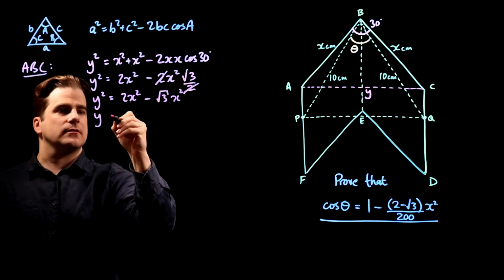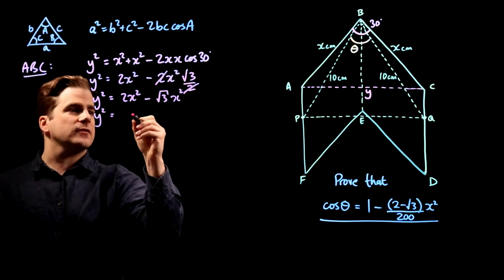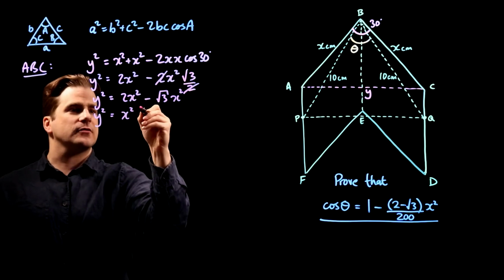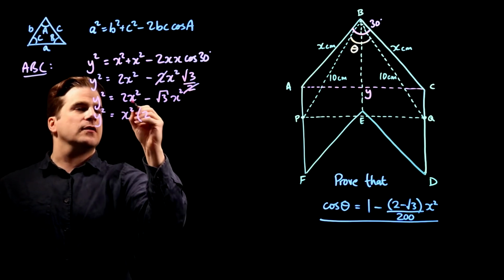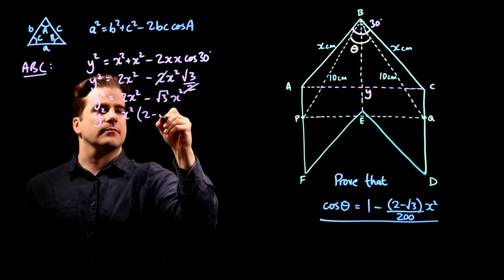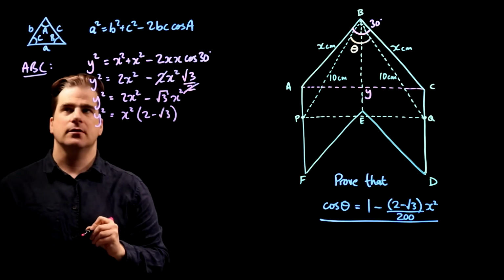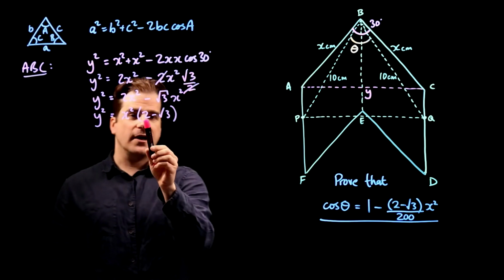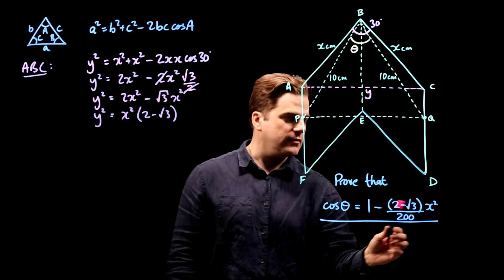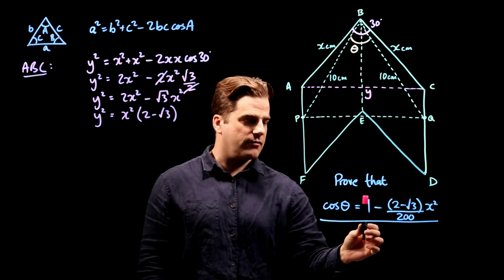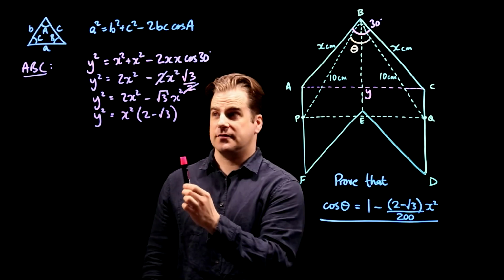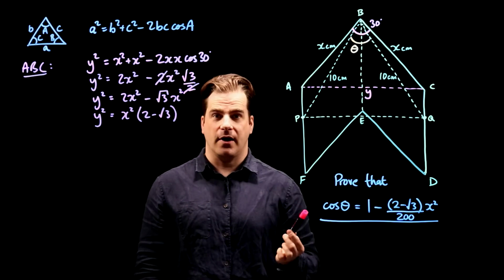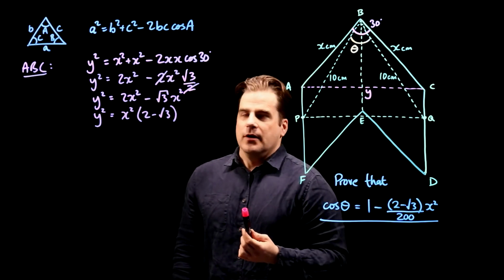So y squared is equal to, let's bring a factor of x squared out, x squared into 2 minus root 3. Well, look at that. We've already got a 2 minus root 3, and we're looking for 2 minus root 3 in the answer. That's a strong suggestion that we're on the right path.